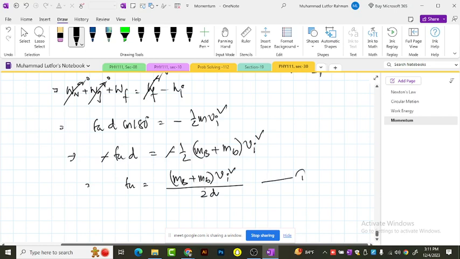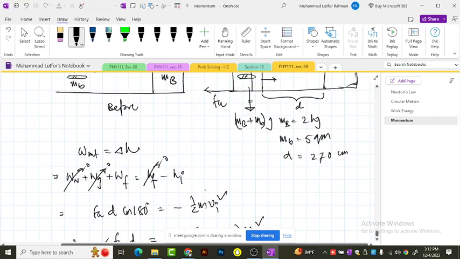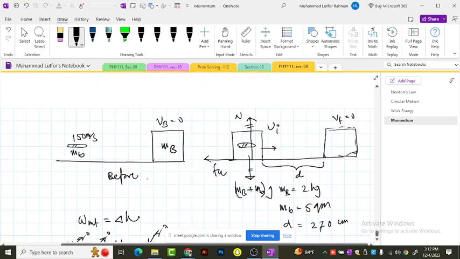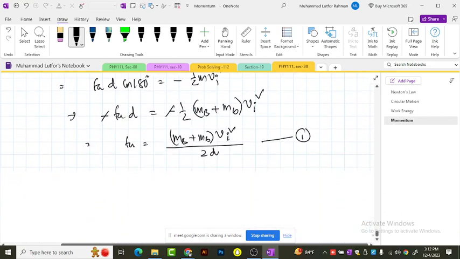Now to find out that frictional force, I know the masses and the displacement, but I need to know this initial velocity, which means the velocity after the impact. To find out that initial velocity, I can use conservation of momentum.